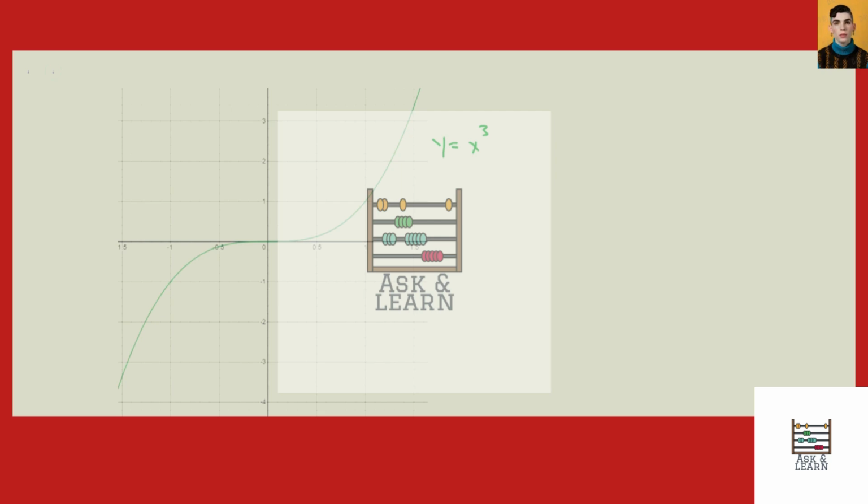So all we know is that we have a vertical asymptote at x is equal to 0, and we have no x-intercepts. So let's go ahead and put down our dotted line for our vertical asymptote here, at x is equal to 0.